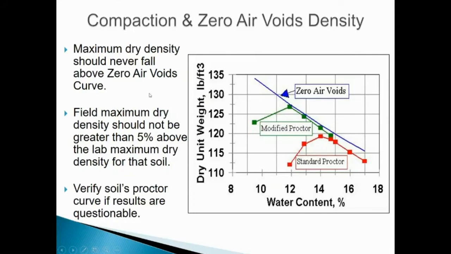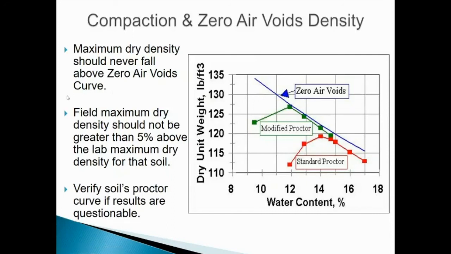What you need to know in the field when you have your Proctor curves with you and a zero air voids curve shown on that Proctor curve, the maximum dry density should never fall above the zero air voids curve. So in other words, when you are taking a nuclear density test to test compaction in the field, if you derive a dry density of the field material from your nuke density test that exceeds your zero air voids density, then that is an indication to you that you are using the wrong Proctor.